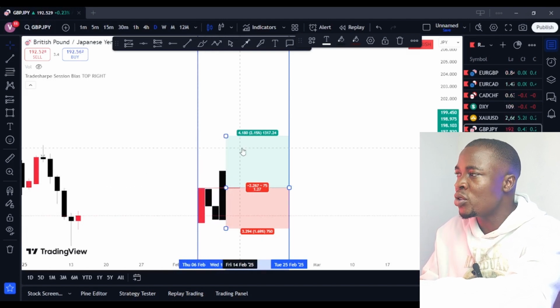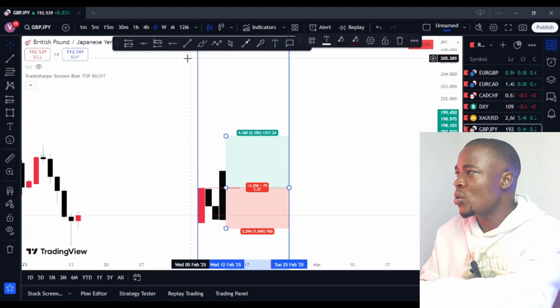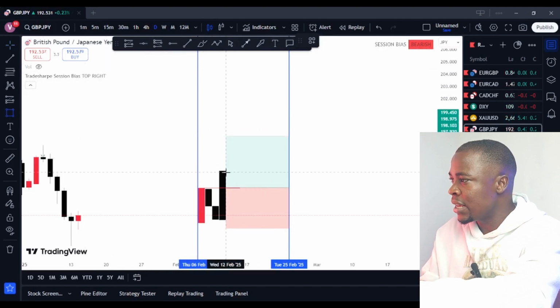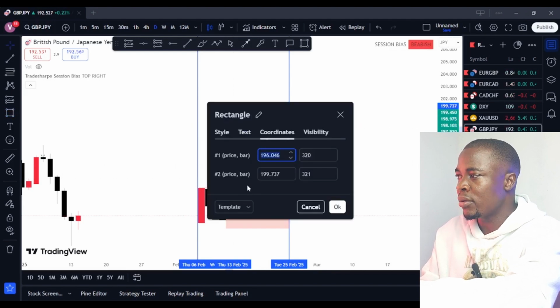If this candle closes maybe with a little wick or no wick, this is what you'll be expecting: the next candle will give you a kind of pullback down before you have this impulsive move upward.